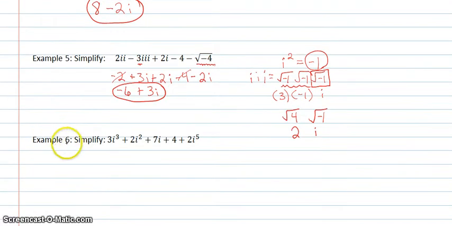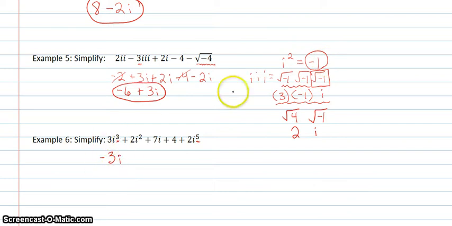Okay, in example 6, you'll notice that we have some higher powers here with that 5 and the 3. Now that 3 is the same as this one was up here. So we're going to have a -3i, because it splits up the same way with the negative square root of 1 and the square root of -1.